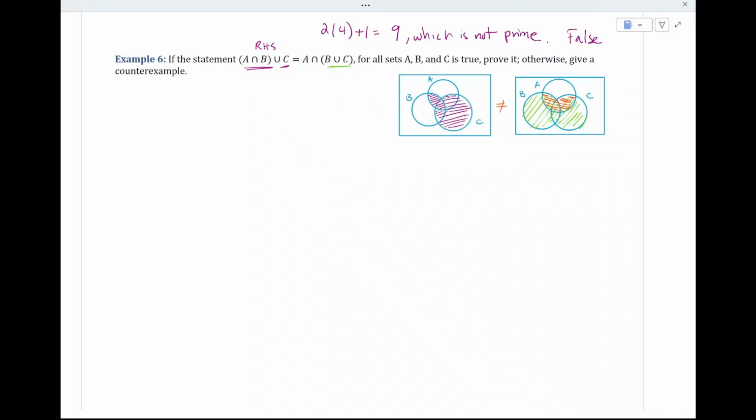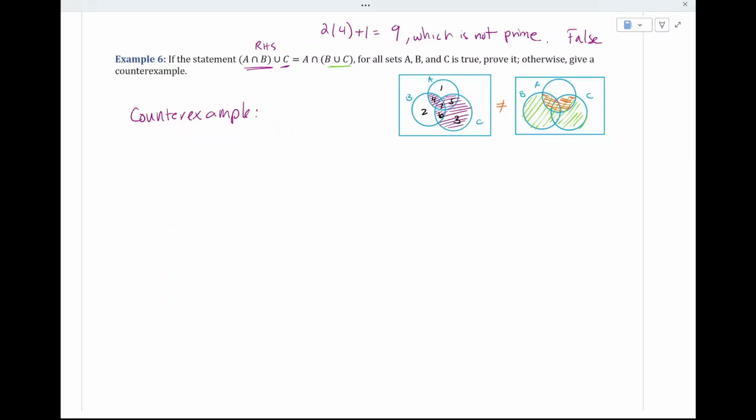So what I'm going to do for my counterexample is I'm going to pick a color. I haven't done black. I'm going to say this is piece 1, piece 2, piece 3, piece 4, piece 5, piece 6, and piece 7. So I have 7 pieces. So here's going to be my counterexample. I'm going to use my 7 pieces that I've written down.